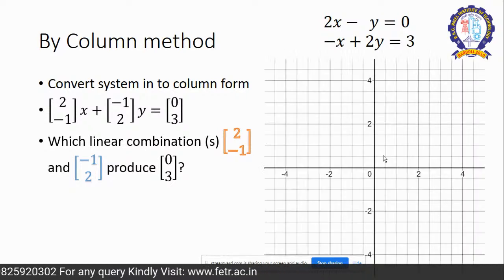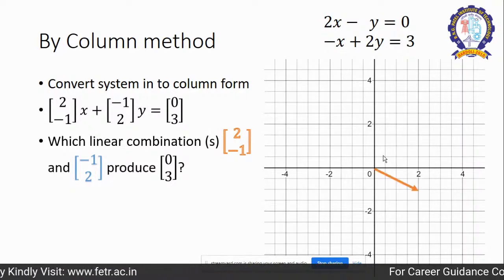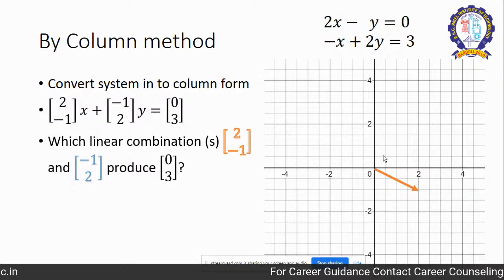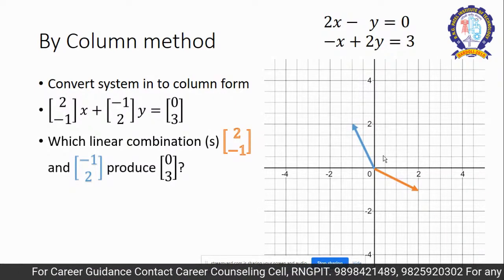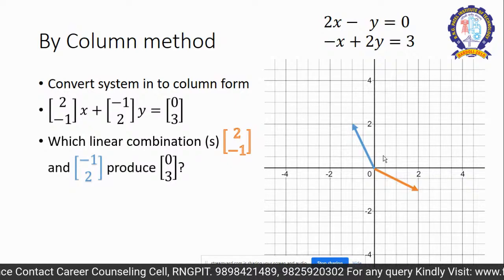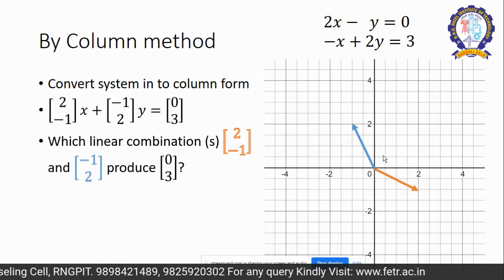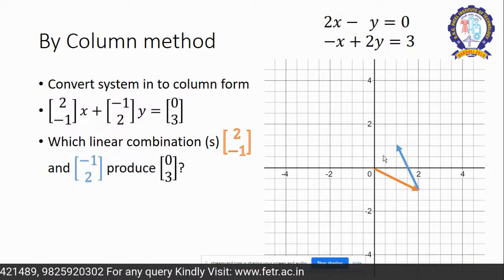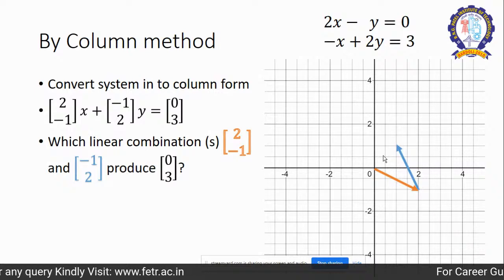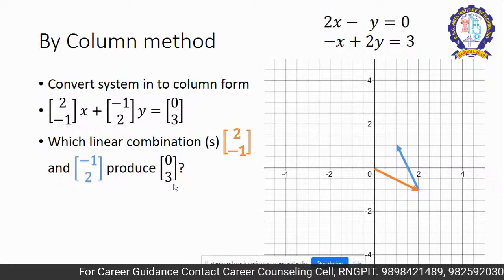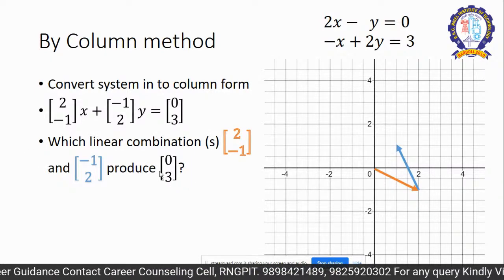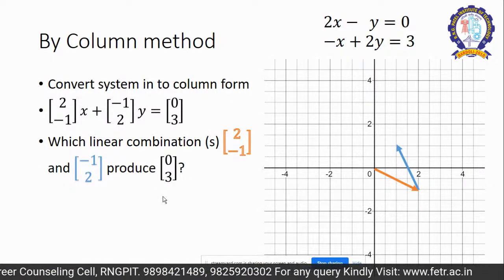So we go with this one. This is the first vector, (2, -1), the orange one, and the second one is (-1, 2), the blue one. Our target is (0, 3). We add or stretch these vectors in such a way that we get the resultant vector (0, 3). We scale the blue vector by 2, take the orange one once, and we arrive at (0, 3).